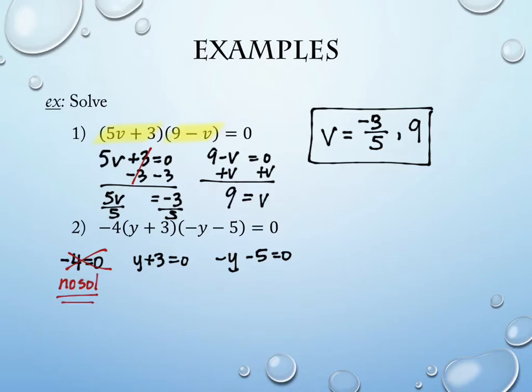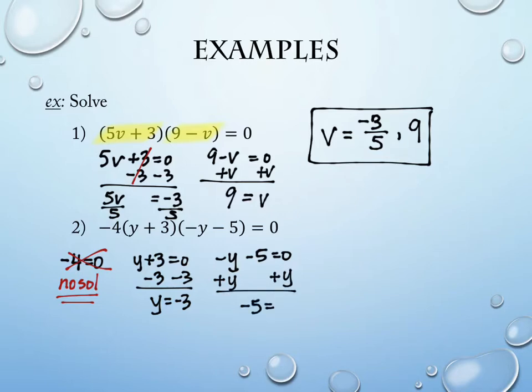What that means is you don't really need to write down any constants that are all by themselves pulled out, set equal to 0, because they can't equal 0. It's not possible. However, the other 2 pieces could. So we would subtract the 3. So one option is that y is equal to -3. And on the other one, you can either add the 5 or add the y. I'm going to add the y because I can solve it in one step if I do.